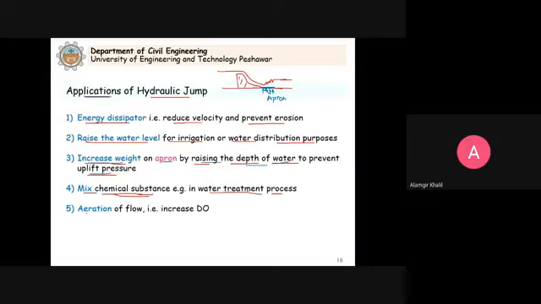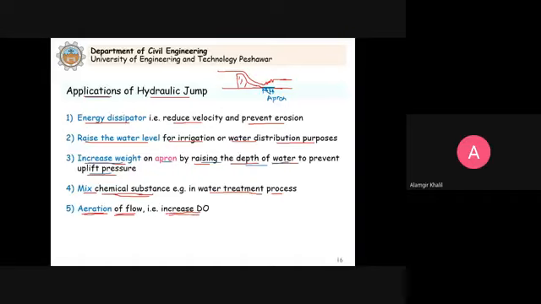And also because we have turbulence, this hydraulic jump can help aeration of the flow. And because of aeration, what will happen? It will help to increase the concentration of dissolved oxygen which is required. Clear? So these 4 and 5, this you will study in detail in environmental engineering, where you study different water treatment processes, water treatment plants.